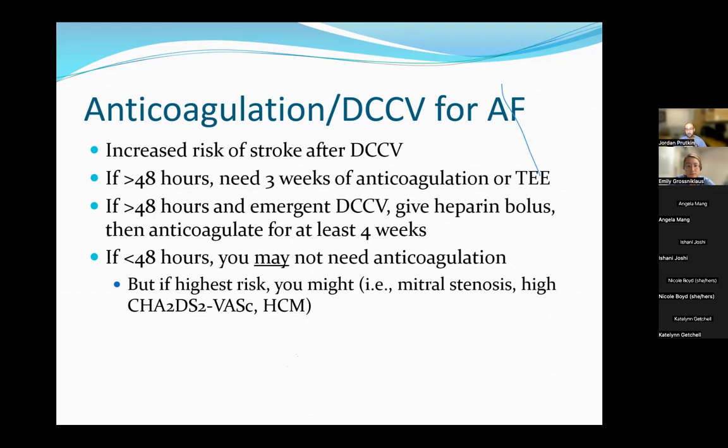But if someone's higher risk, mitral stenosis, they have a CHA2DS2-VASc score of 5, 6, 7, they have hypertrophic cardiomyopathy, they have a prosthetic valve, in that group, then typically you would be saying, we might need to do a cardioversion, or we might need to do a TEE because you're worried about it, but you probably would give anticoagulation. But I hope in these situations you're calling cardiology.